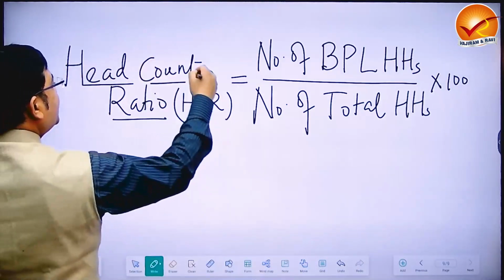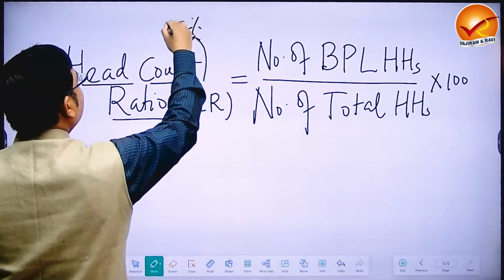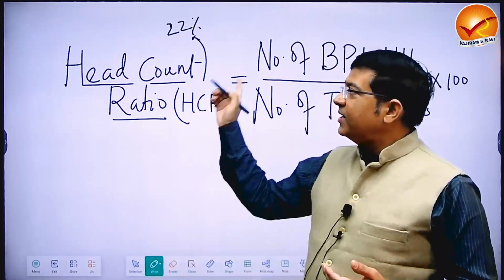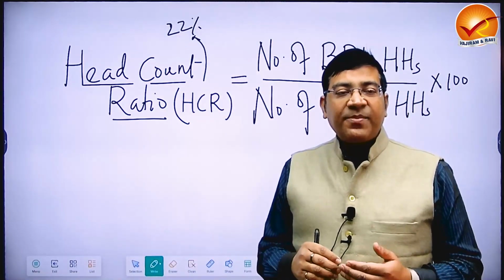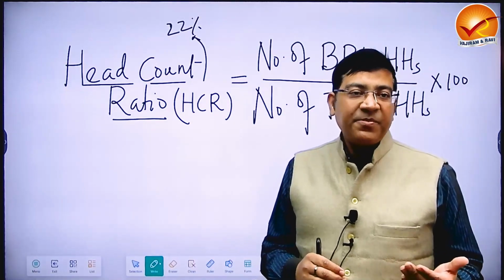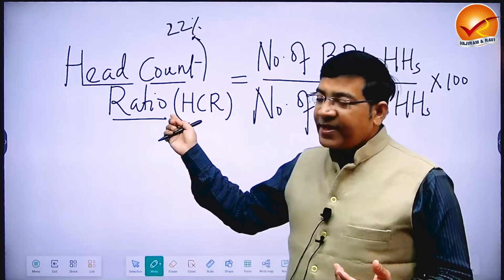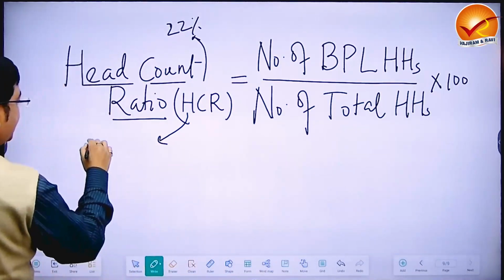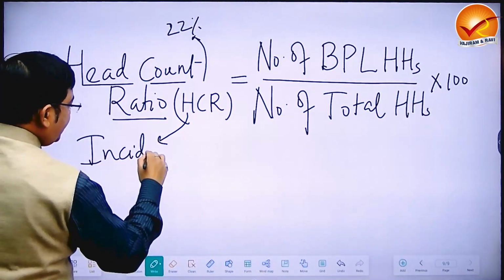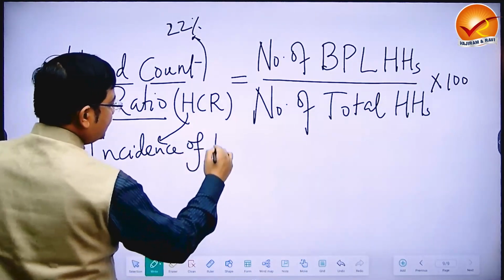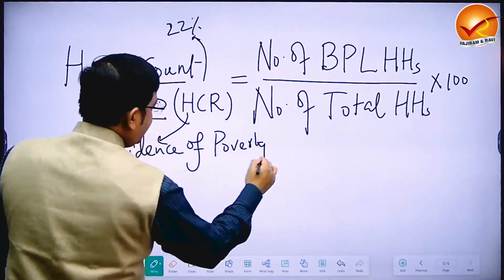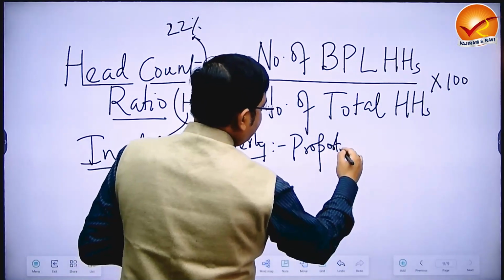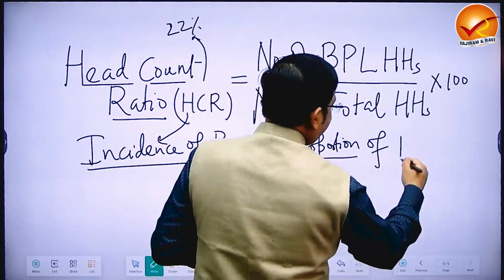So suppose that the head count ratio of India is 22%. I give you this information. It means that about 22% of the households are below the poverty line, or they are not able to spend enough to consume the basic minimum requirements. Now HCR is a very simple measure, but it is only looking into the incidence of poverty, where incidence of poverty means the proportion of the poor population.